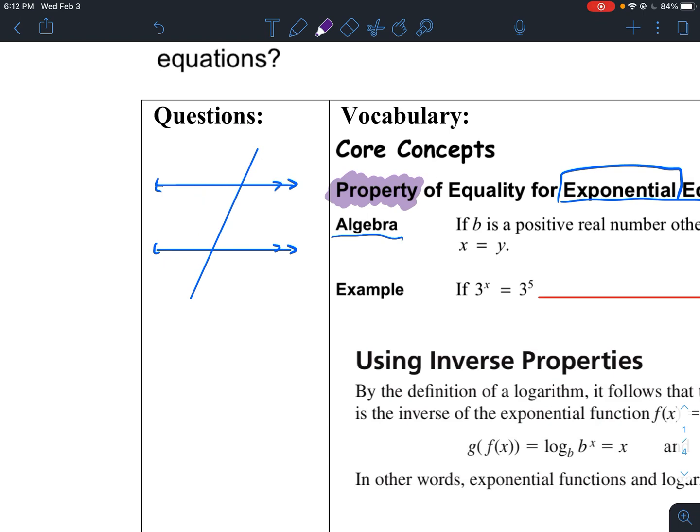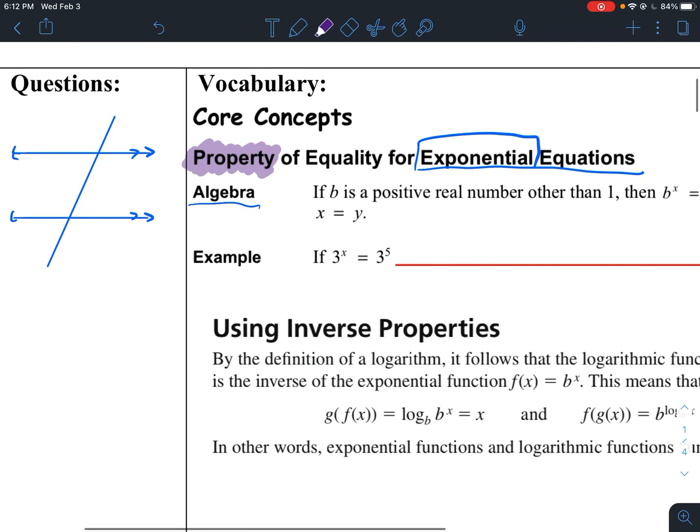That's why they're called corresponding. Now, the corresponding angles are equal to each other. So this angle corresponds with this angle, which means these two angles are equivalent to each other, and this angle and this angle are corresponding and equal as well.